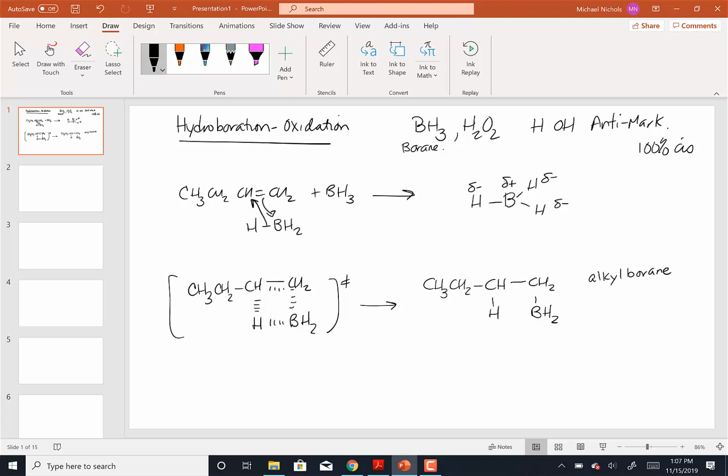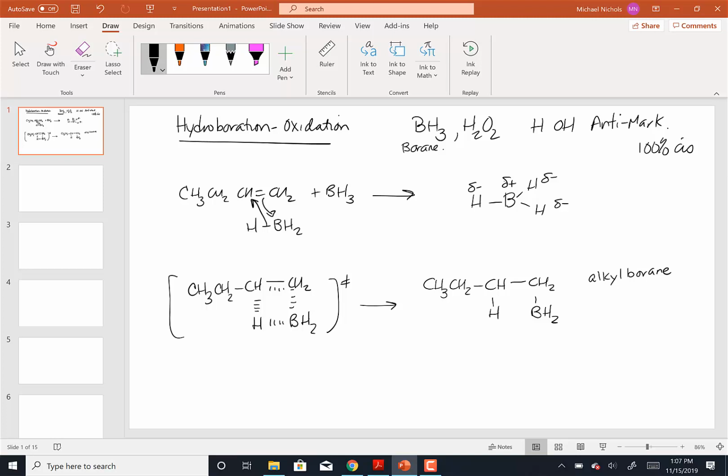You can't have a square transition state and have a hydrogen be, let's say, above the plane of the ring and the boron below the plane of the ring. There's not enough space for that to happen. If this is your double bond, your boron's going to come in and plop right on top of it, adding the boron and the hydrogen to the same side of the double bond. That's where the 100% cis stereochemistry comes into play.